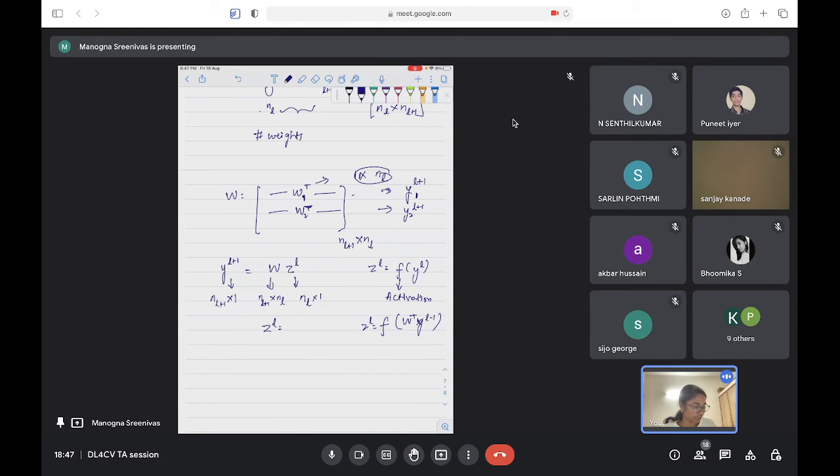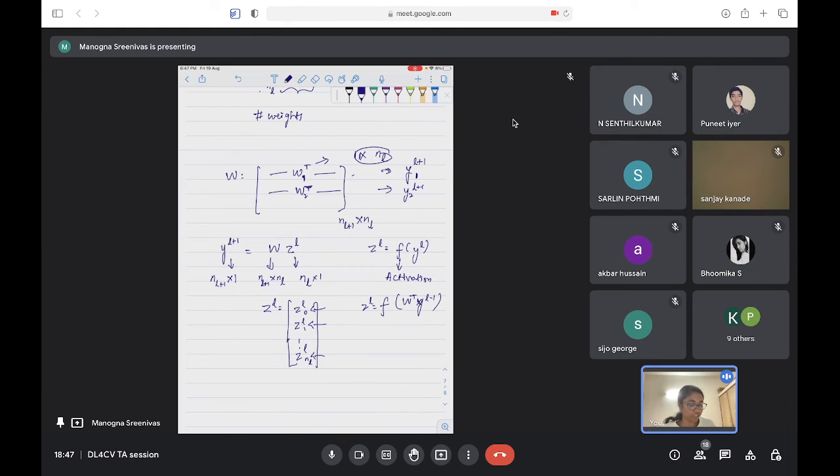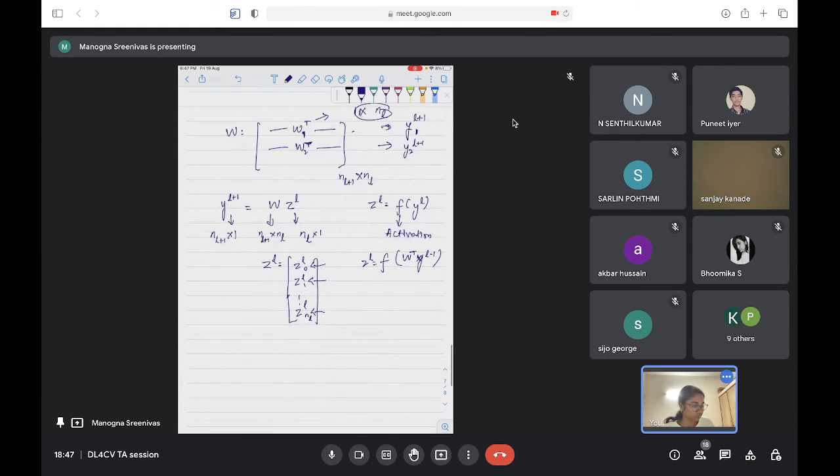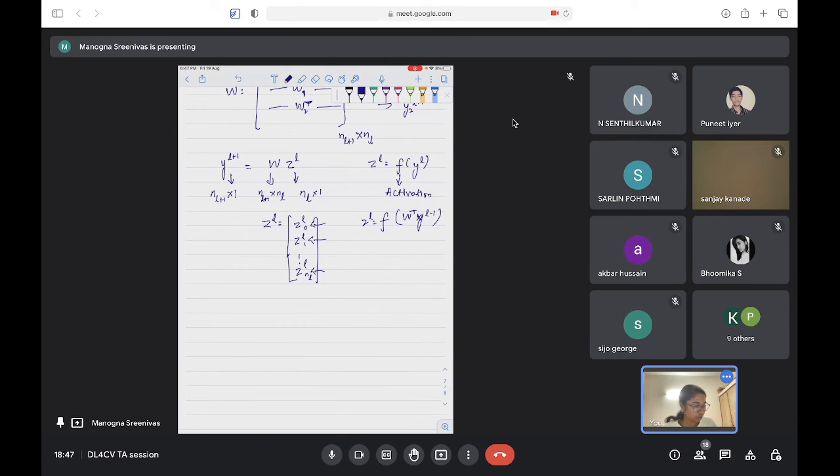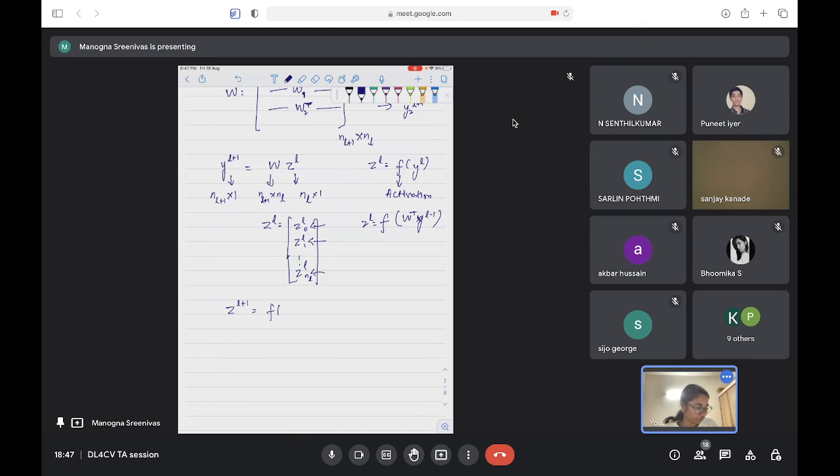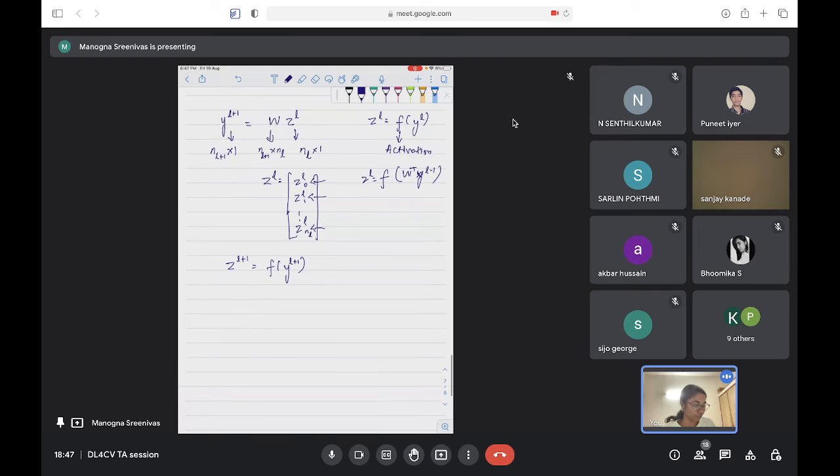So Z_L has Z_L0, Z_L1 to Z_LN_L. Each of these corresponds to one neuron's output. Similarly, I get Y. So after I get Y_(L+1), I'll again apply this activation. Z_(L+1) is given by f of Y_(L+1), and so on. These are the steps I have.